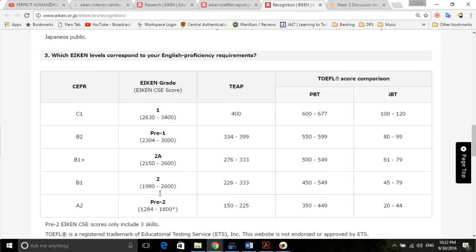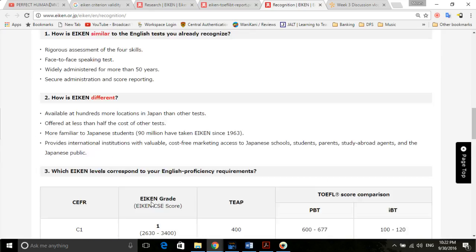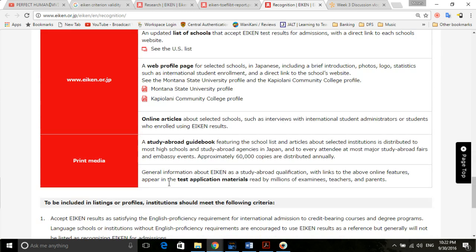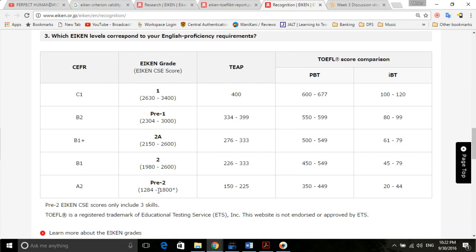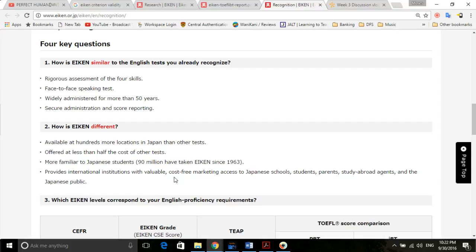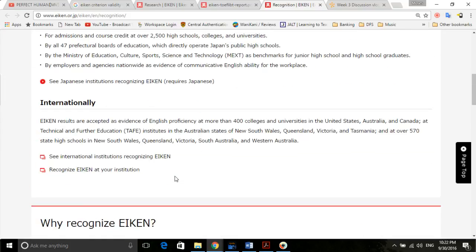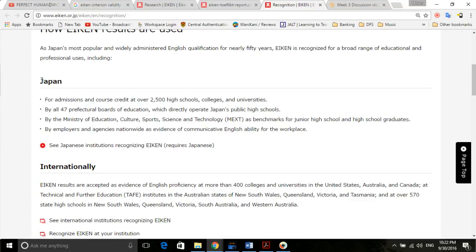So the next thing is face validity, and this test definitely has that, definitely. If I go back to this page here, Eiken is a very, very popular test. If I look here, in Japan where I am living, it's actually looked at for admissions or course credit for over 2,500 high schools, colleges, and universities.